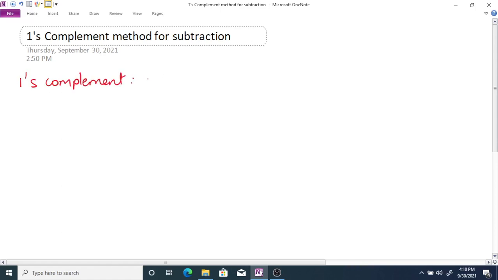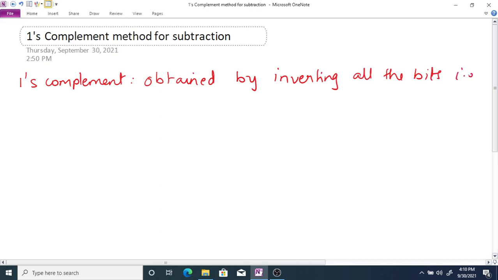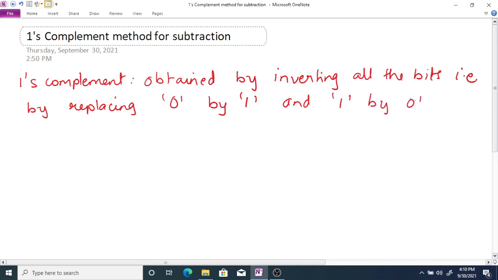Ones complement of a given binary number is obtained by inverting all the bits in the given binary number, that is by replacing 0 by 1 and 1 by 0.